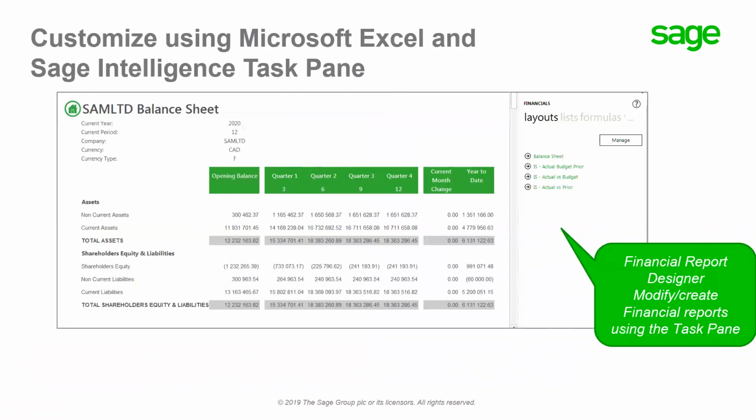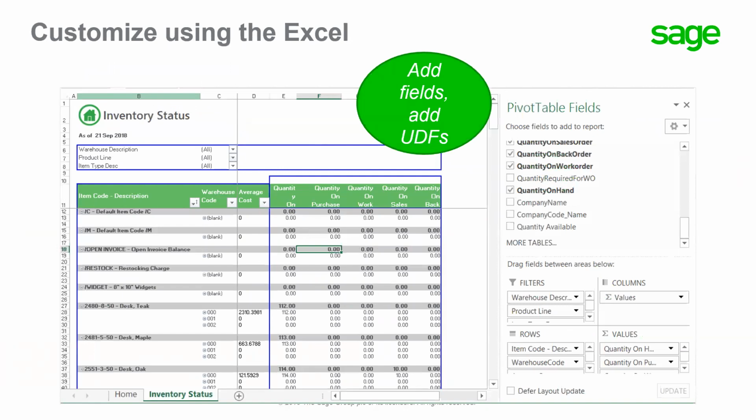So first of all, I'm going to show you customizing using Microsoft Excel and Sage Intelligence, and this task pane over here. This is a picture of a report that we have, a balance sheet that we've built, and to the right is the task pane. You can also use Microsoft Excel's pivot table capabilities. So this is an example of our inventory status, where you can click on any additional fields you want to add to the view within the pivot table.